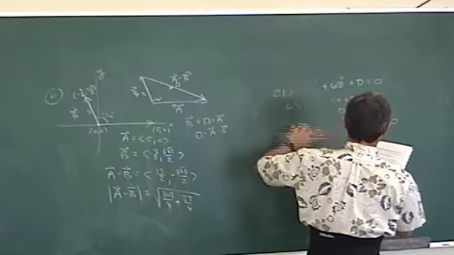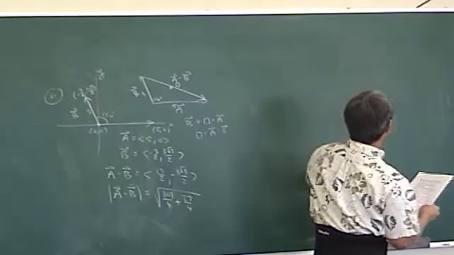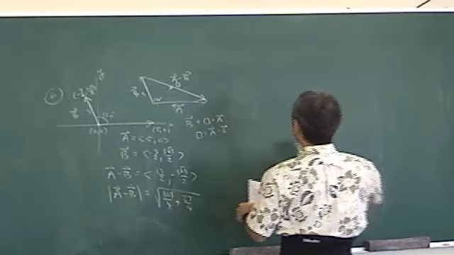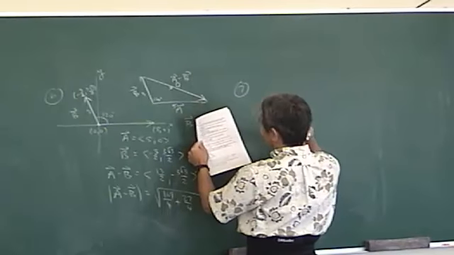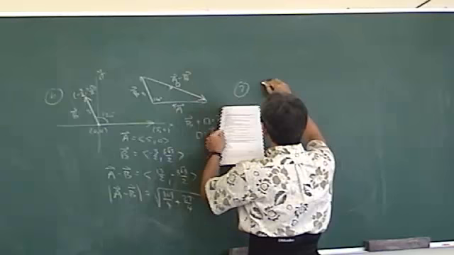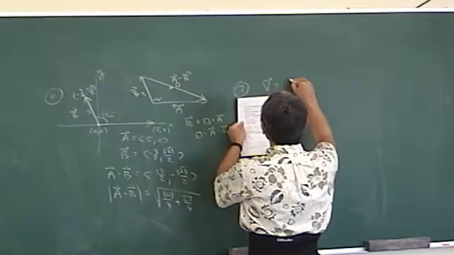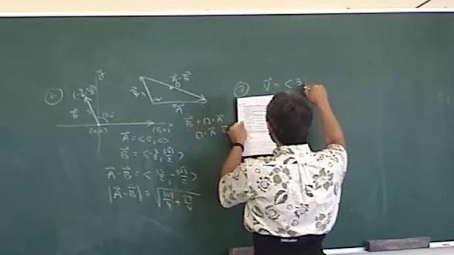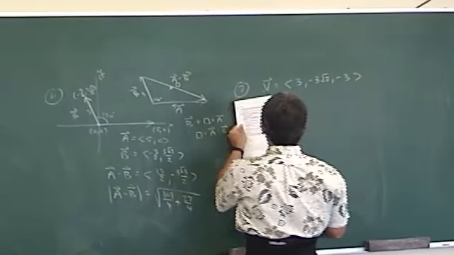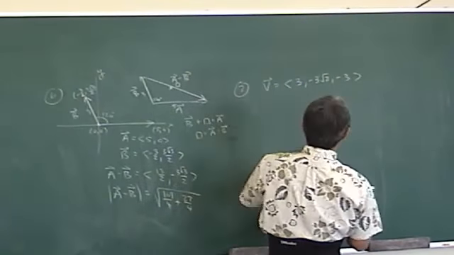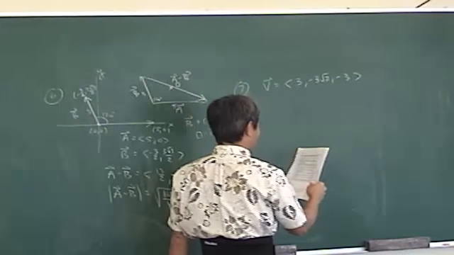It says find the angle. Oh, it says angle. What am I gonna do? Okay, here's a vector: 3, -3 root 2, -3. I put it in IJK notation, but a lot of you don't like it, so you write it like that.